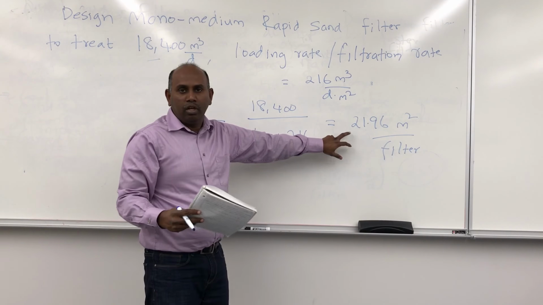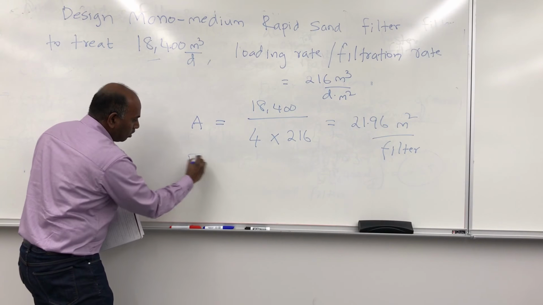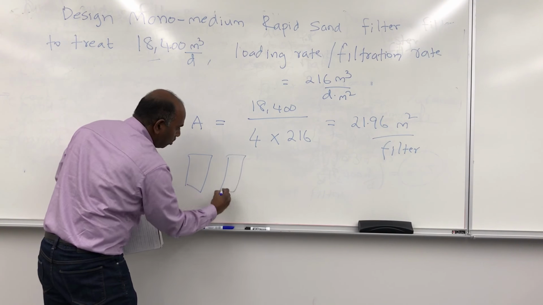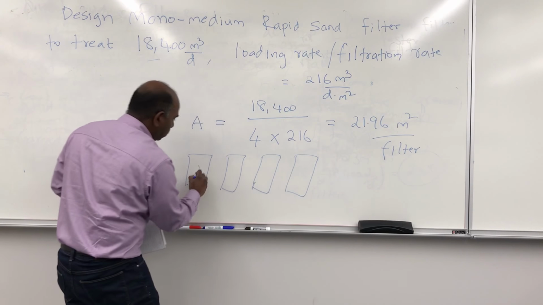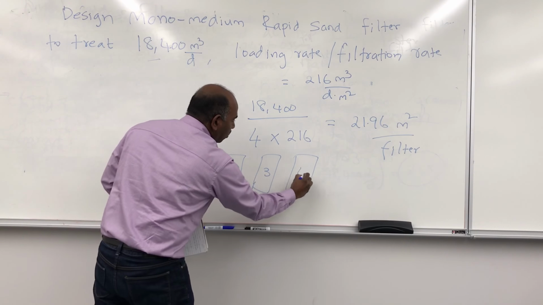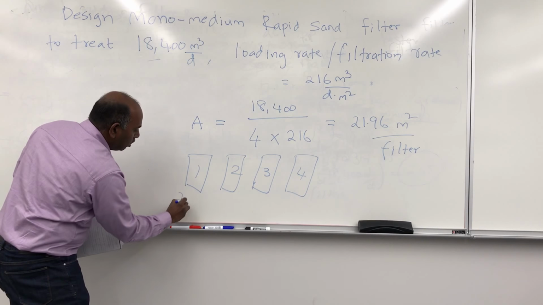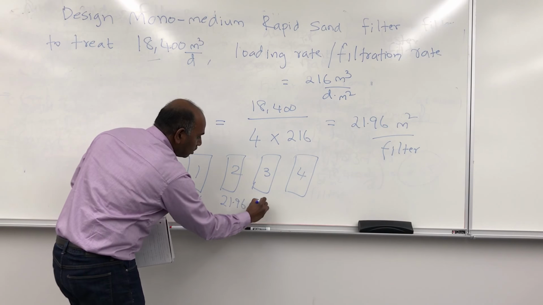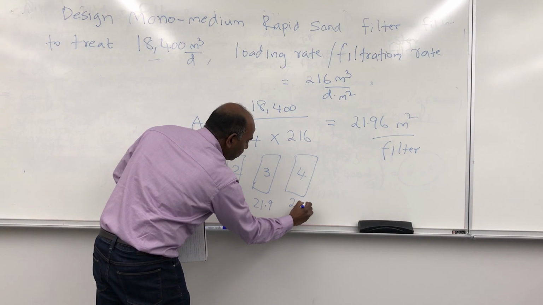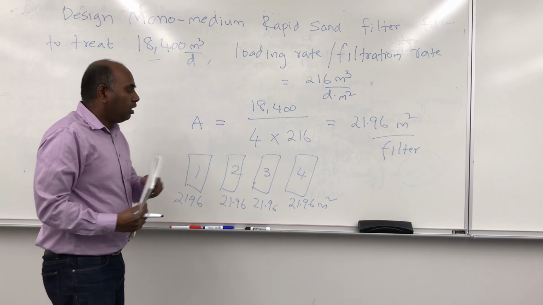So each filter will have this much area. So you'll have 1, 2, 3, 4 filters. Each filter will have 21.96 meter square. Okay?